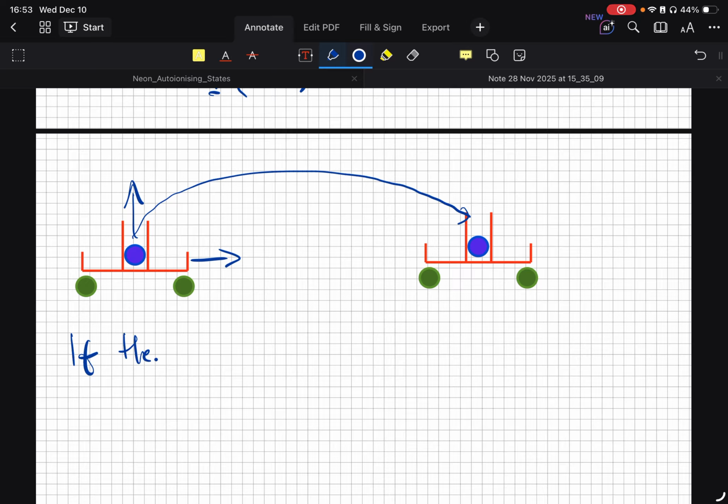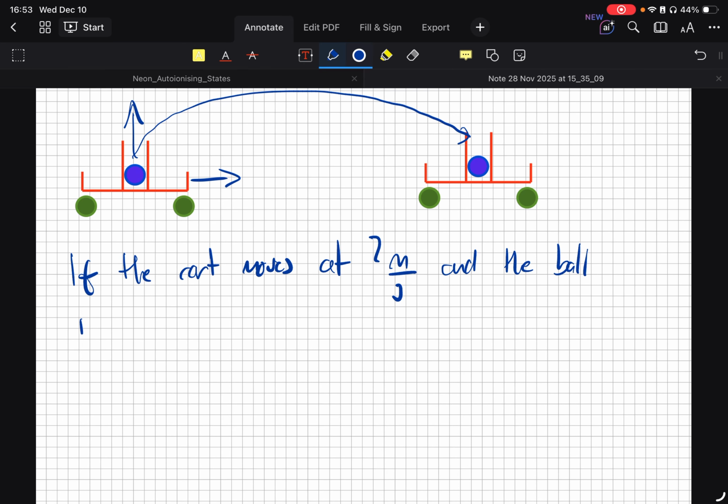So if the cart moves at 2 meters per second, which is pretty fast, and the ball is launched at 5 meters per second, vertically, of course, it's launched straight upwards.